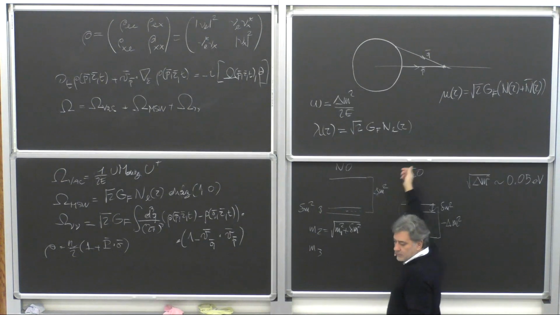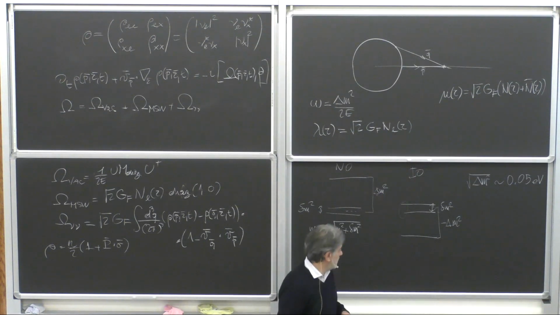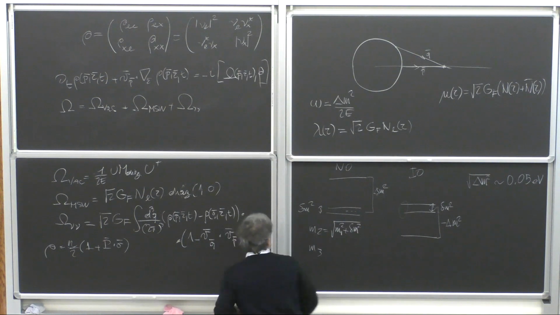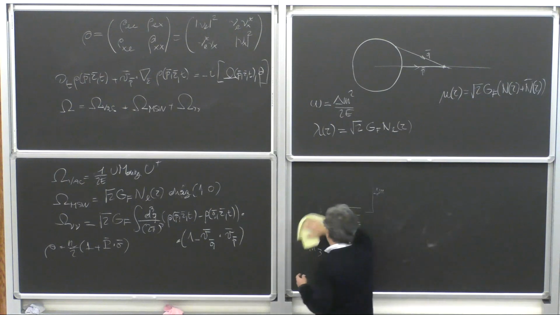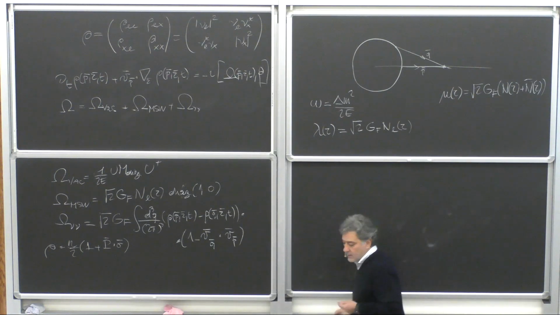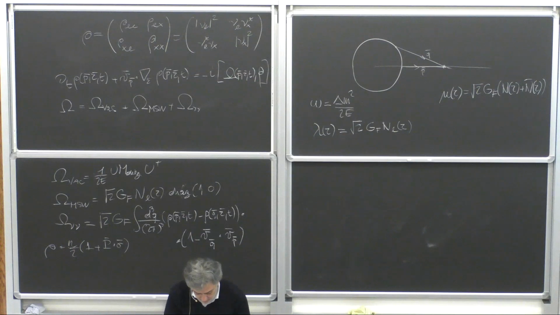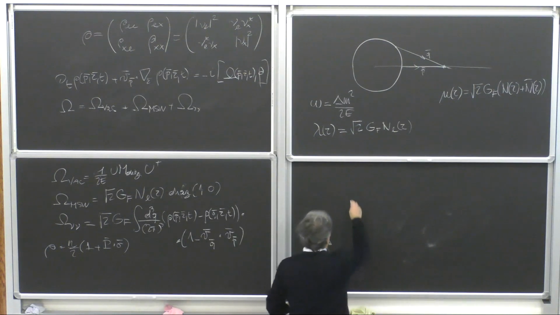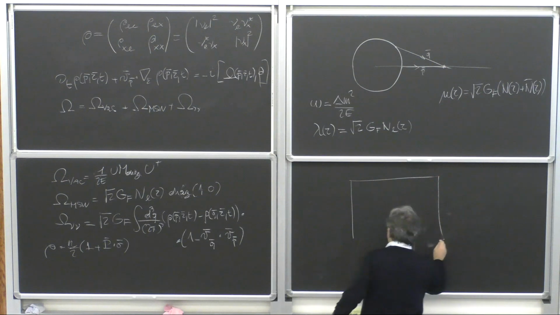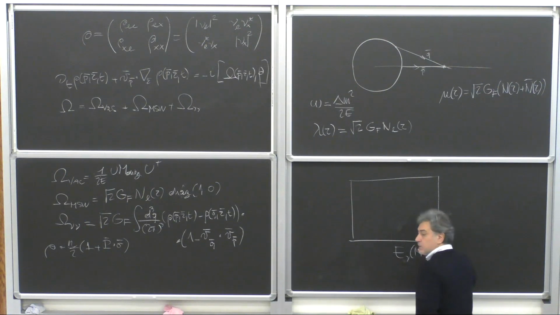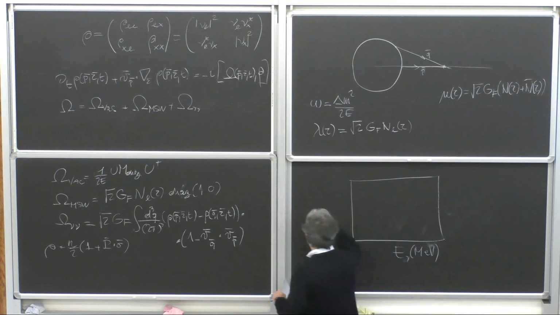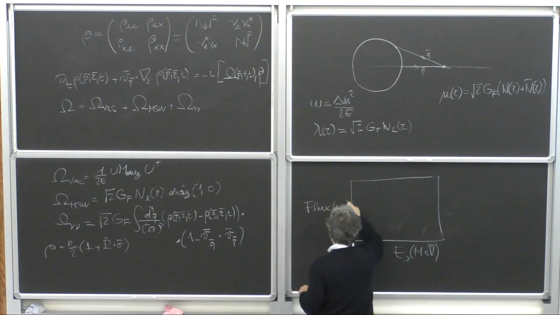As I told you, there is a kind of hierarchy in many models for the supernova neutrino fluxes. For instance, if you make a plot as a function of the neutrino energy, energy in MeV for supernova neutrinos, and in arbitrary units you write the spectra.